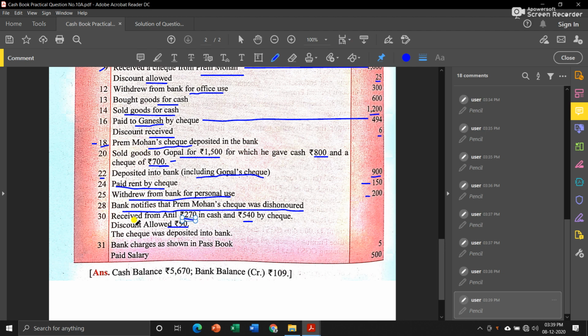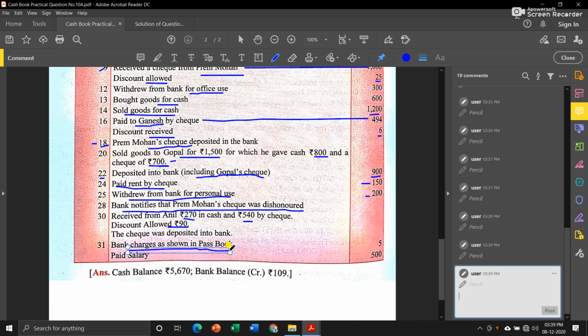Then at last, bank charges as shown in passbook. Now bank charges means for the service provided by bank, they used to charge money, and it was recorded in our passbook. Passbook means the book which we get from bank while opening an account.